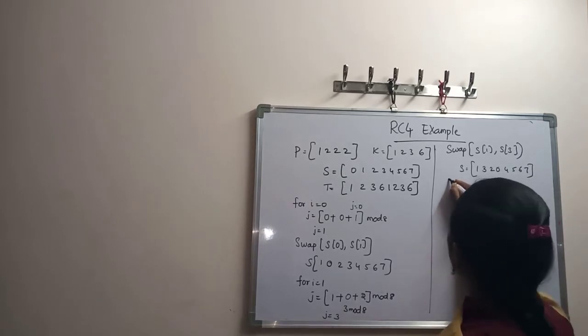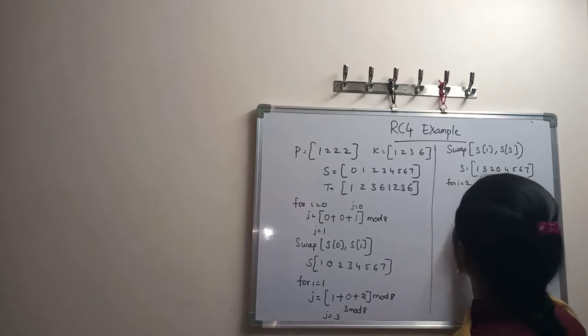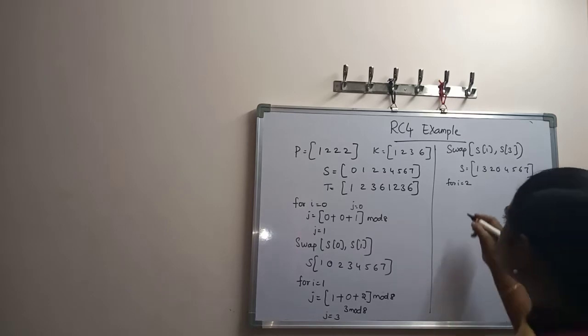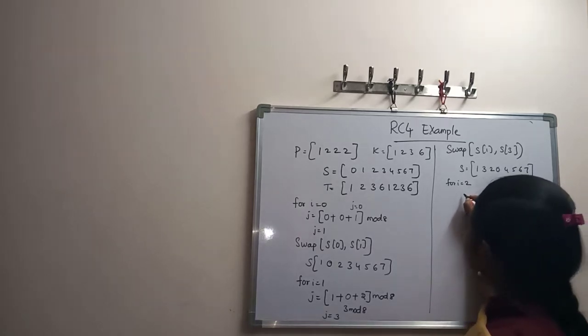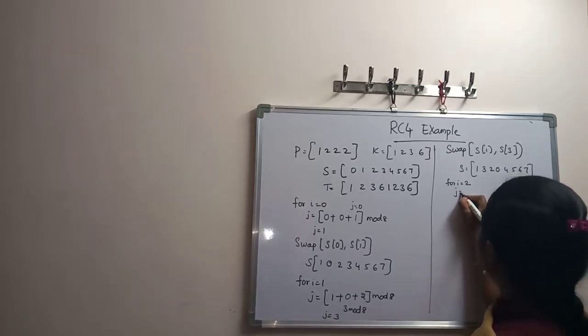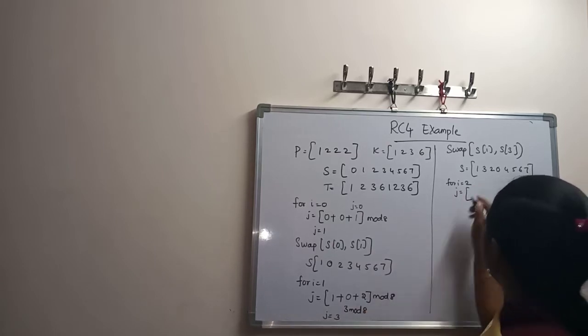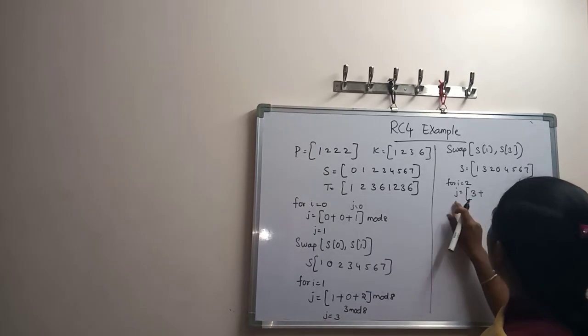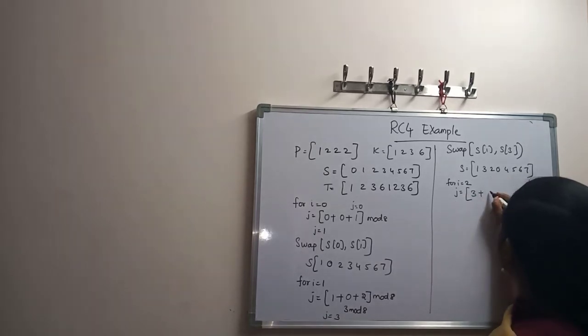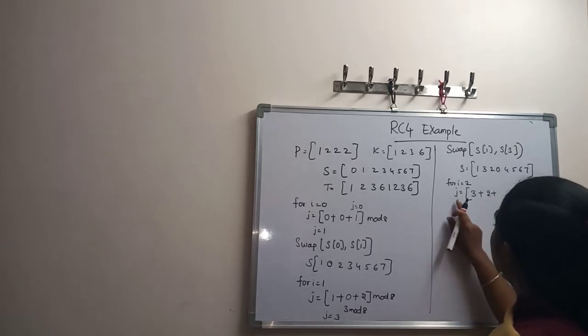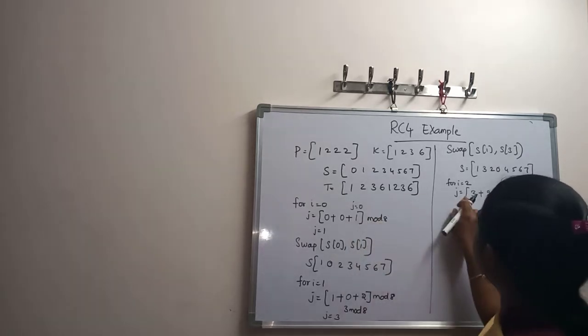Now for i is equal to 2. We are going to take the j value: 3 plus S of i, that is S of 2 value, which is 2, plus S of j, where S of j is 3.